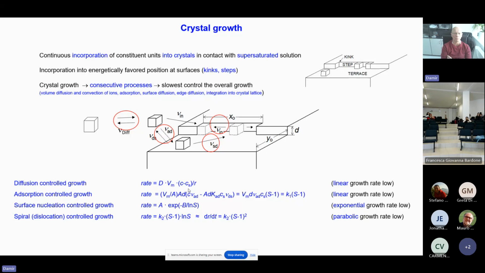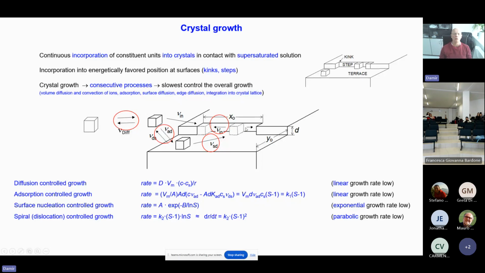Incorporation typically appears in an energetically favored position at the crystal surface. Namely, incorporation doesn't appear here on the flat surface. It happens either on the steps or on the kink position. This is a kink, this is the step.